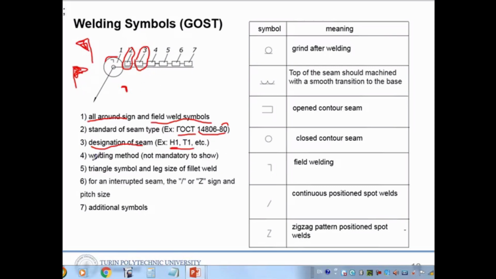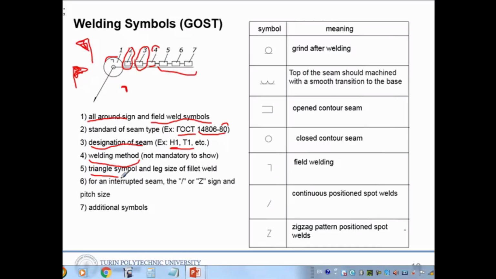Then after this comes the welding method. The welding method is not mandatory to show. You might not use this one, but the next one you can use.